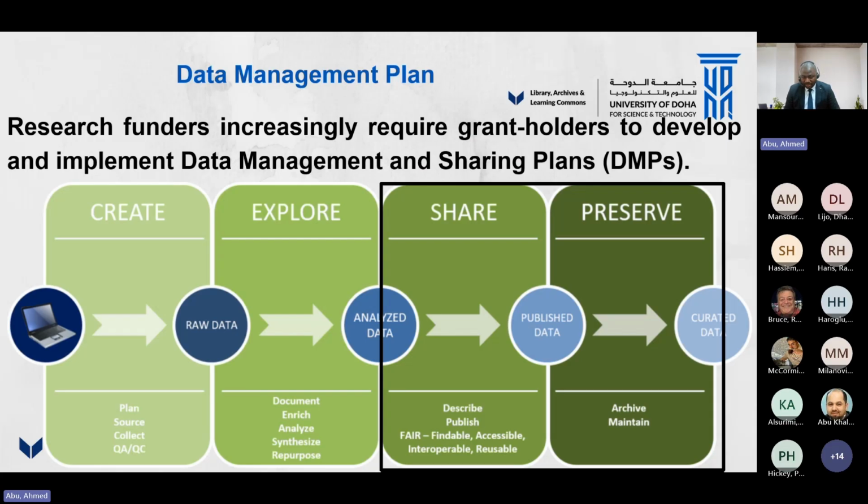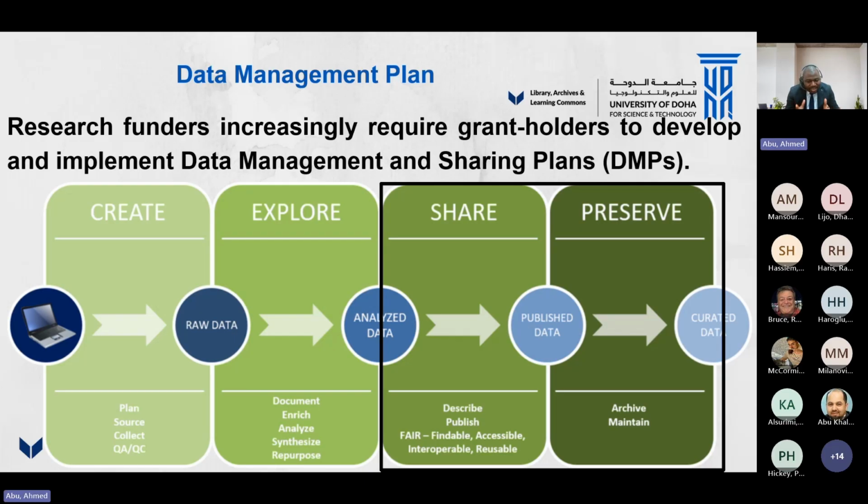Okay, now let's talk about the data management plan. A data management plan is a formal document that describes how research data will be handled throughout a research project and after the project is completed.